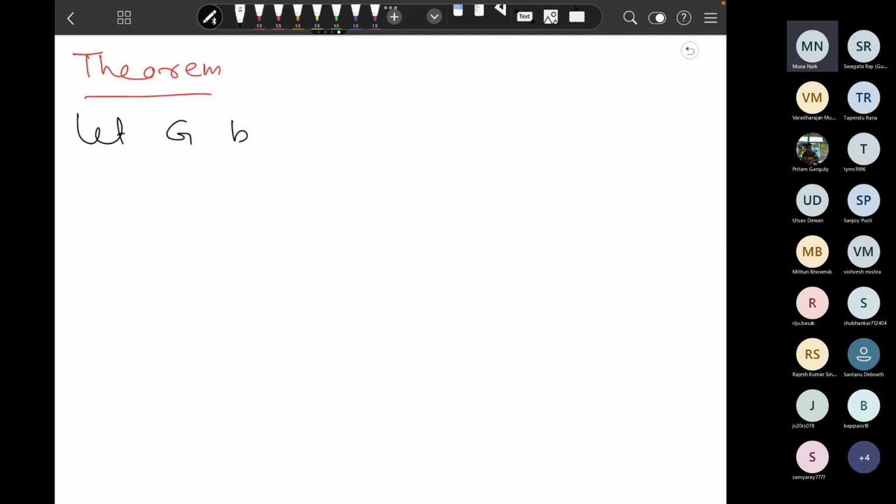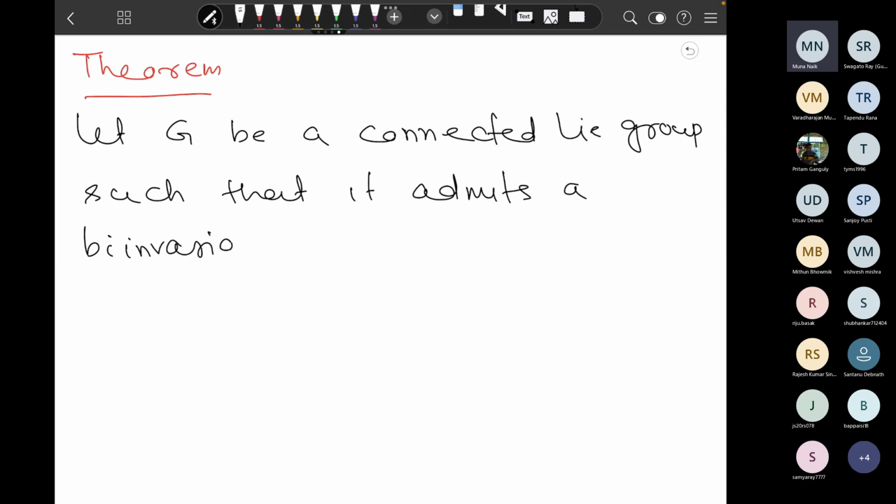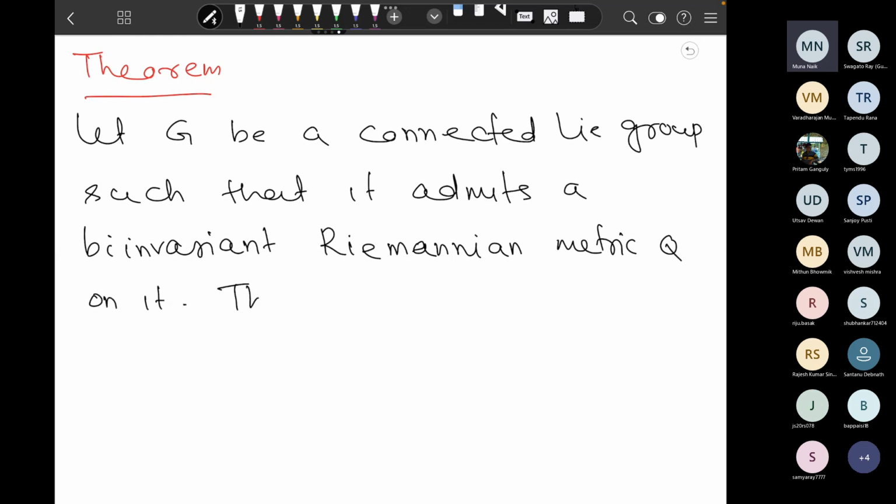Let G be a connected Lie group which admits a bi-invariant Riemannian metric Q on it. Then G is a Riemannian symmetric space.